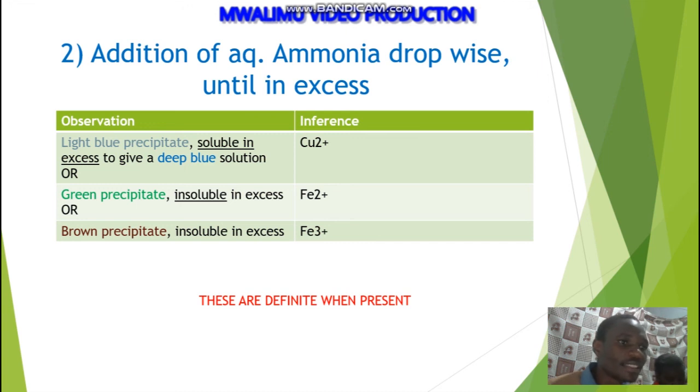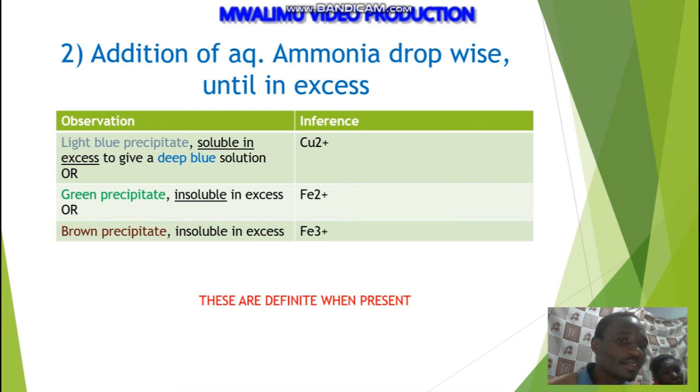If you see a light blue precipitate soluble in excess to give a deep blue solution, there will be presence of copper 2 ions. Okay, light blue precipitate soluble in excess to give a deep blue solution, that one will be copper 2 ions.